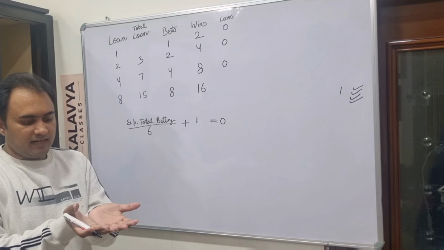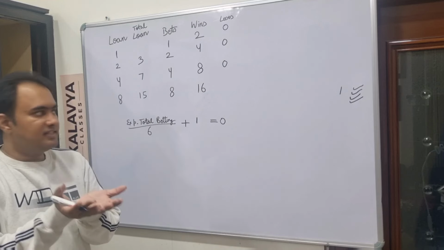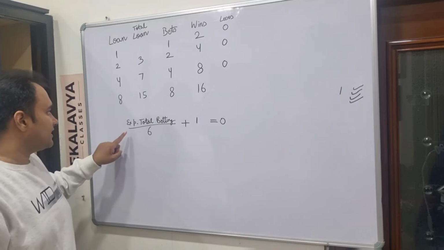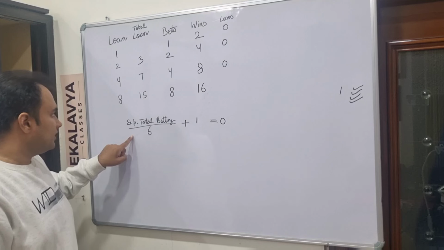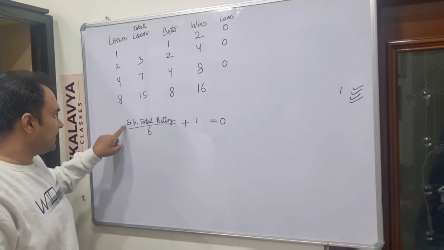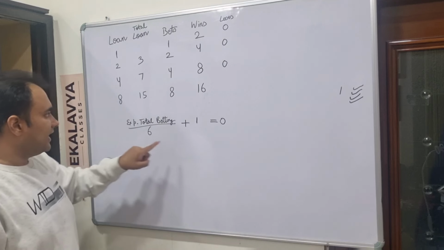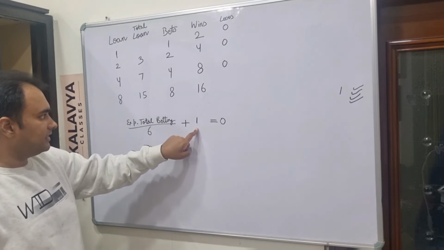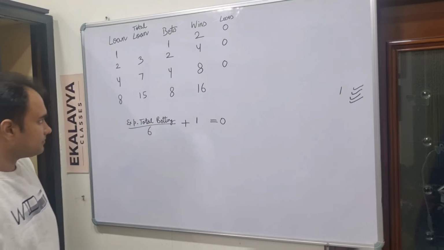So the addition of both their winnings will be 0. This is the expected money made by the host, which is expected total betting by 6, and this is the expected money made by the player.